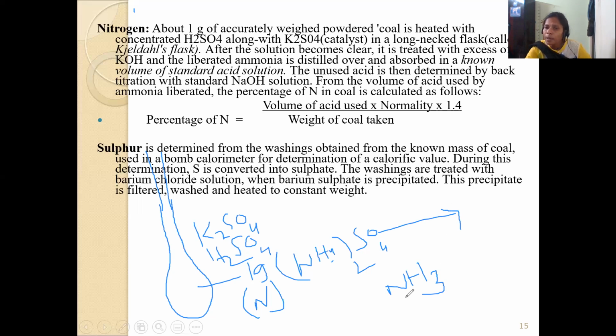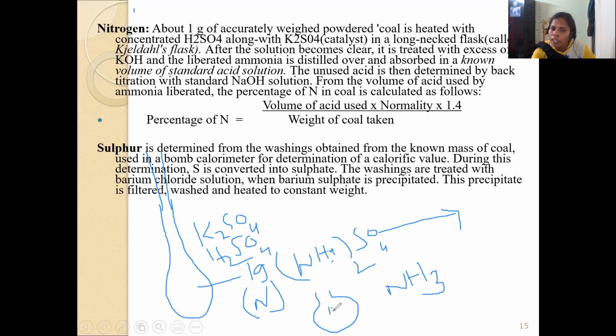And what do we do with this ammonia? This ammonia is sent to one container which has 1 liter of acid of known concentration. Here the concentration is generally expressed in terms of normality.